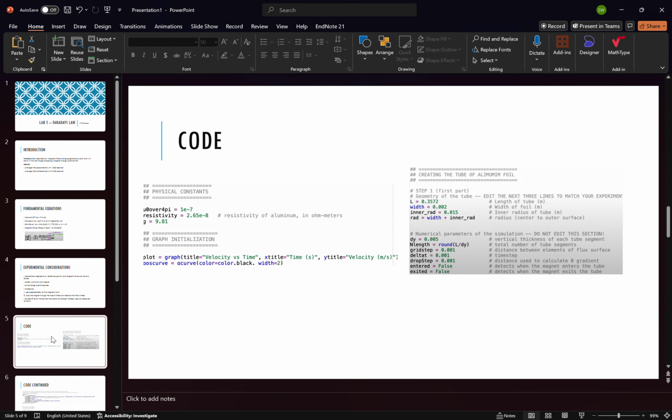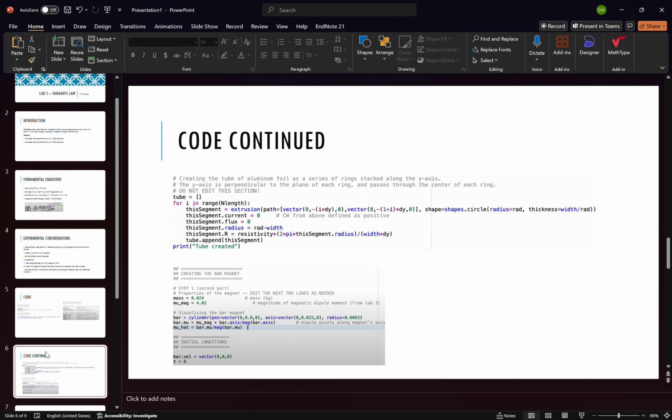There's a lot of code in this experiment. First, initializing some variables, shown on the left, and on the right we initialized the tube and normalized some variables for our loops. With more code, we create the electric field parameters of the tube, calling it a ring, and make sure we know the change in flux.